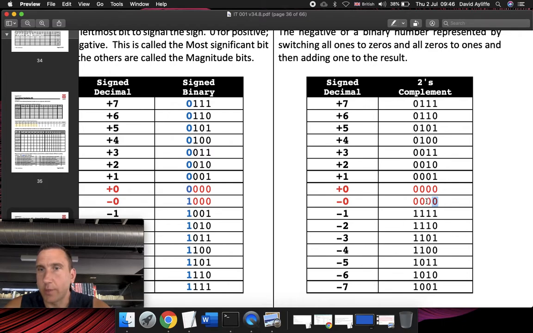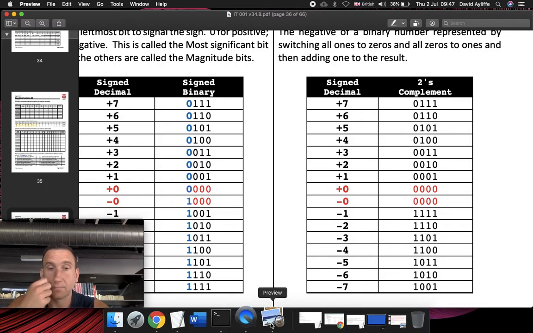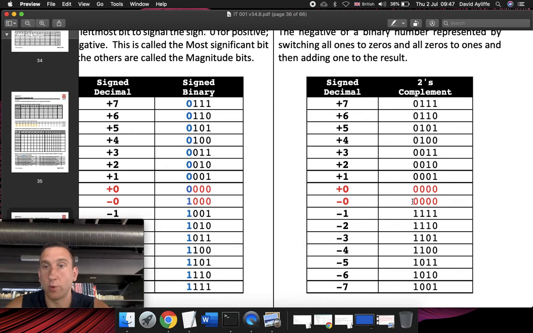So we carry 1 here. And then 1 and carry 1 is 0, carry 1. And again, 0, carry 1. So we carry 1 out of the 4 bits.